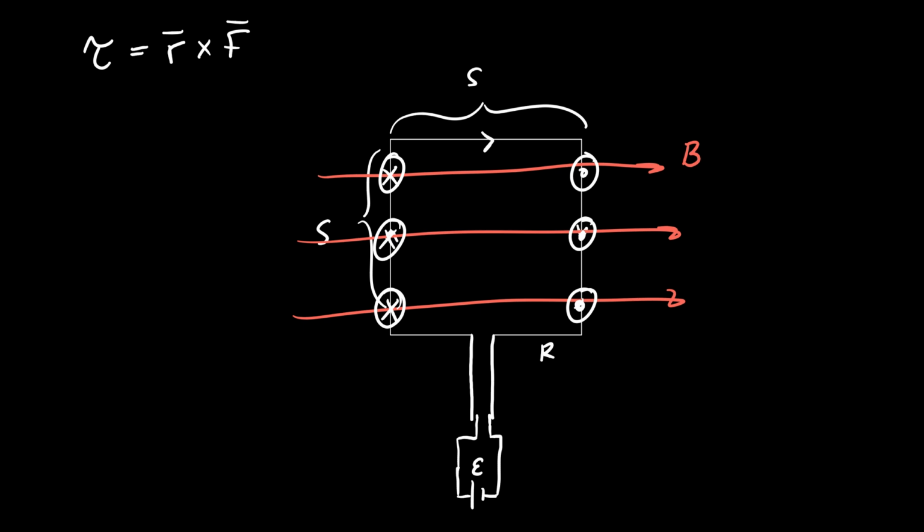S over 2, right? Do we all see that it's S over 2? Because it's going to flip along its center. So this represents the torque arm length. Okay? The cross product is the direction between the force and the torque arm.